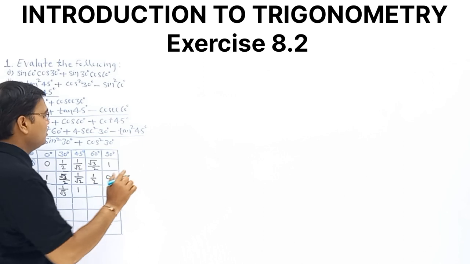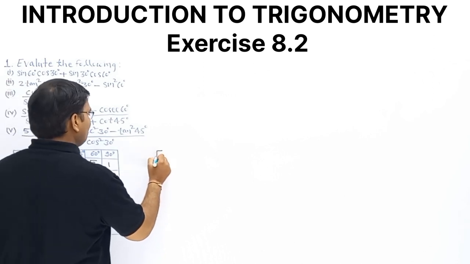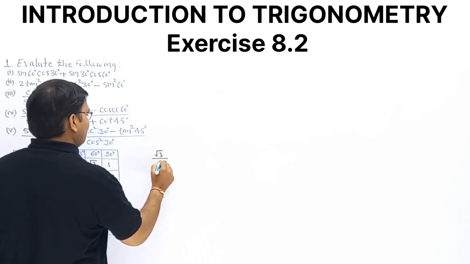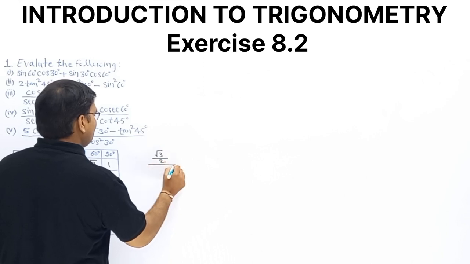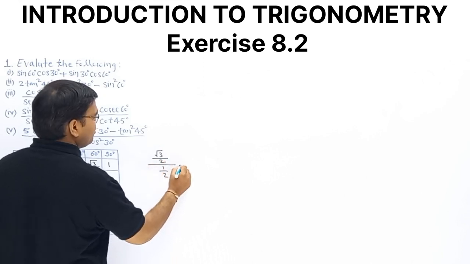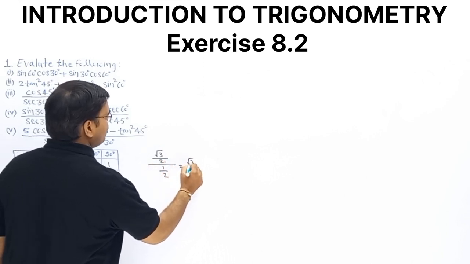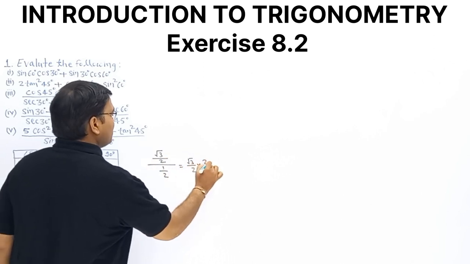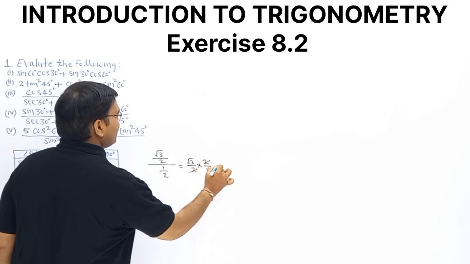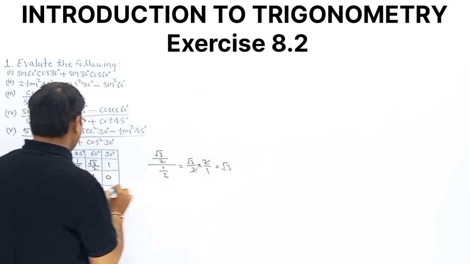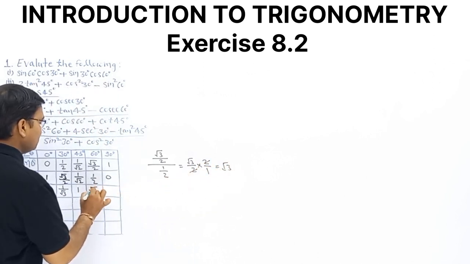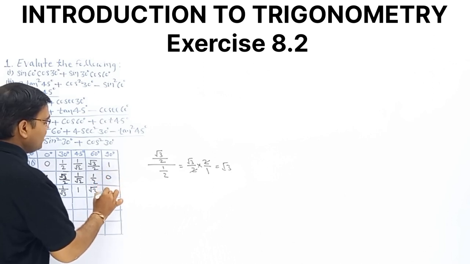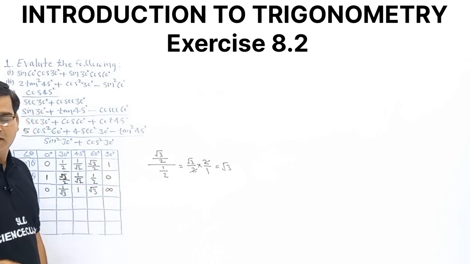Once we solve: square root of 3 divided by 2 divided by 1 by 2, we can write root 3 by 2 into the reciprocal, 2 upon 1, and we get square root of 3. So its value is square root of 3. 1 upon 0 is not defined, we get infinity.